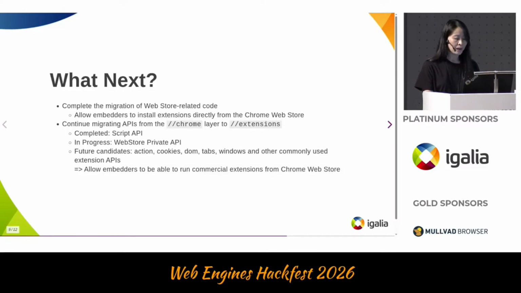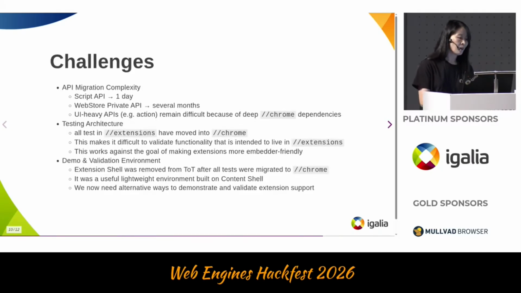The long-term goal is to make a broader set of extension functionality available without requiring Chrome-specific dependencies. Ultimately, this will enable embedders not only to install extensions from the Chrome Web Store, but also to run real-world commercial extensions on top of their own applications.